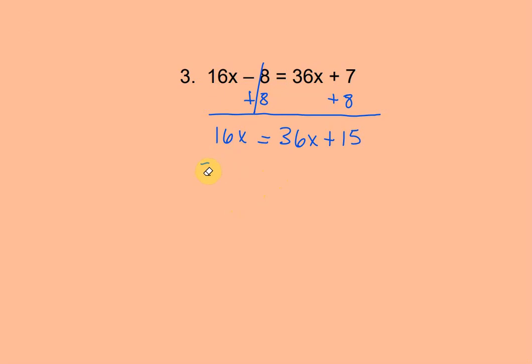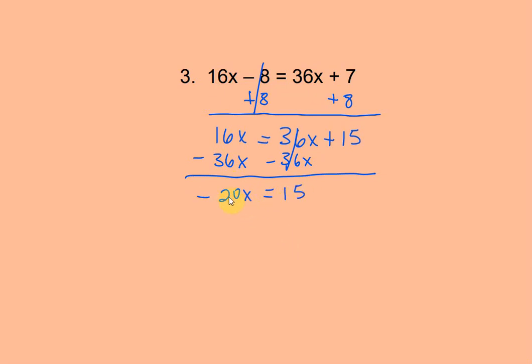Instead, to get the x's together, I want to subtract the 36x. That way we keep something on each side of the equal sign. 16x minus 36x gives me a negative 20x equals 15.